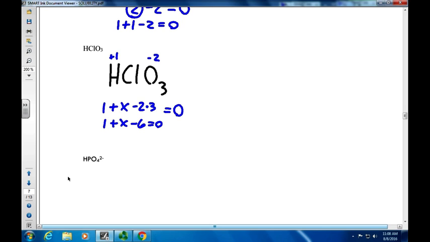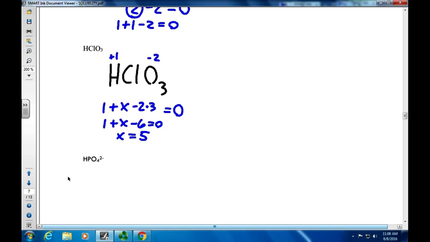Well, if you isolate x, you'll find that x is equal to 5, because you would add 6 to both sides and then subtract 1 from both sides, or you can combine like terms and make it so that it's x minus 5 is equal to 0, and then add 5 to both sides to get x by itself, so x equals 5.